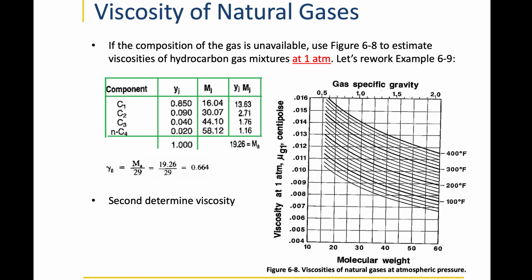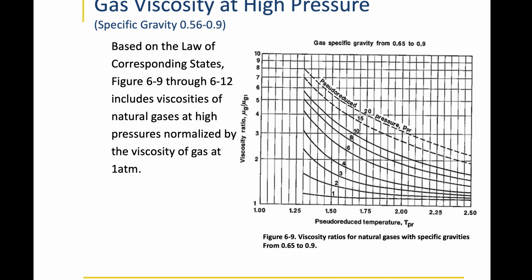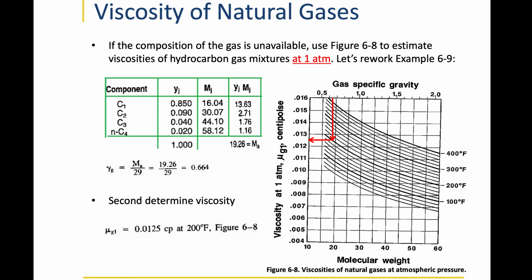So we are not going to use this for finding the gas viscosity if we know the components. But we can use this to find the viscosity of heptane plus, because heptane plus is not a pure component, so I cannot get its viscosity from figure 6.7.